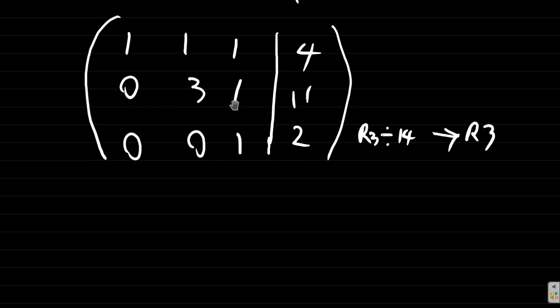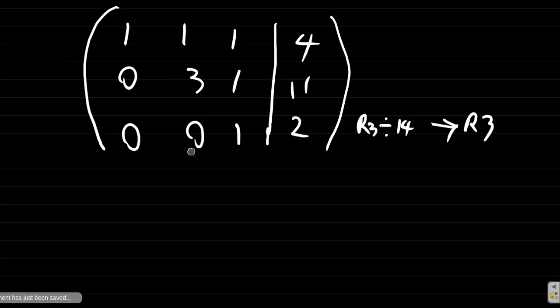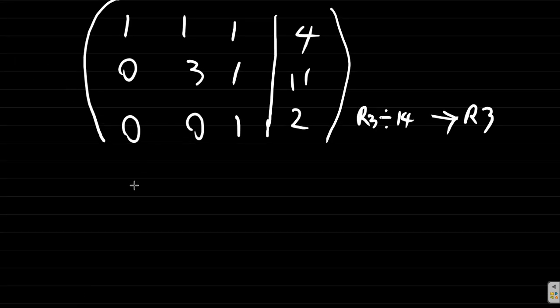Now, if you were to write it in what they call row echelon form, you would divide row 2 by 3 to get a 1 here. Just that you'd have 11 over 3 here as a fraction, right? But anyway, we go ahead and solve by rewriting all of these back in equation form.